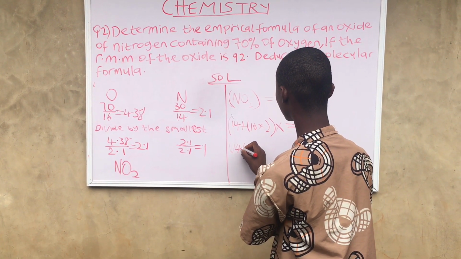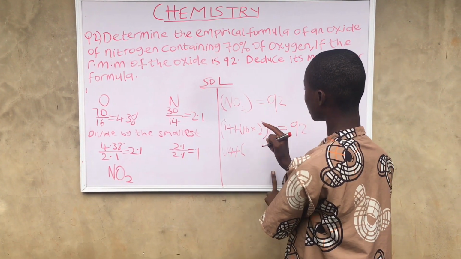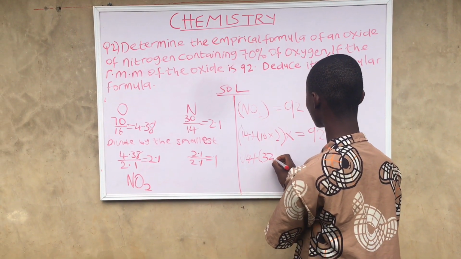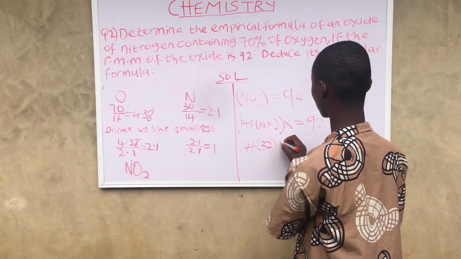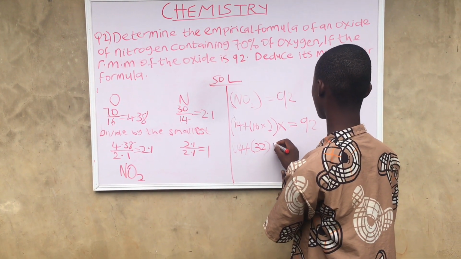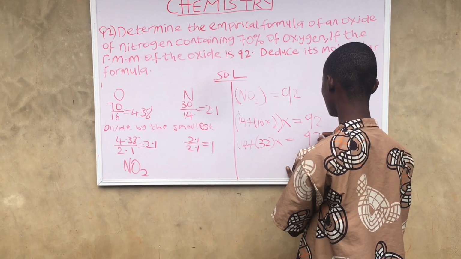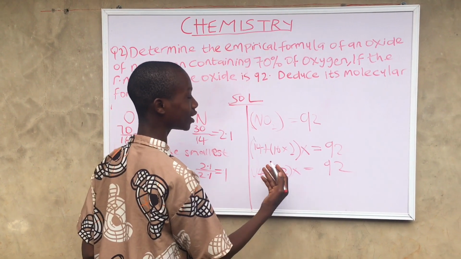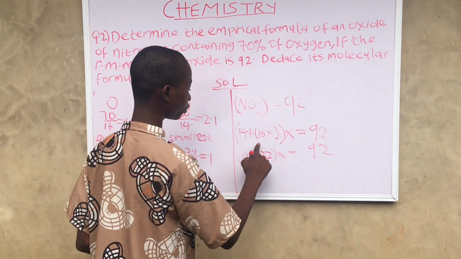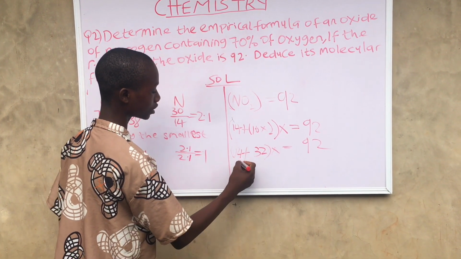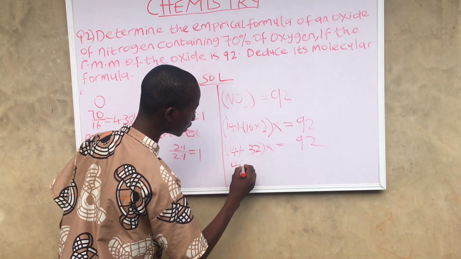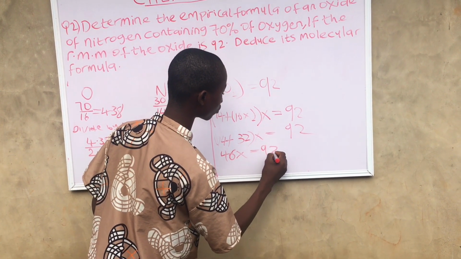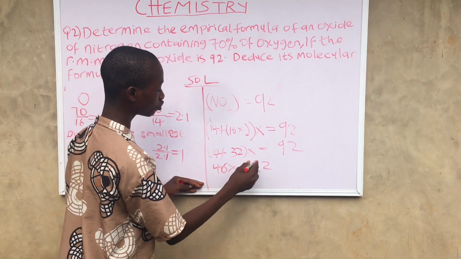14 plus 16 times 2 gives us 32. So 14 plus 32, that's 46. 46n equal to 92.